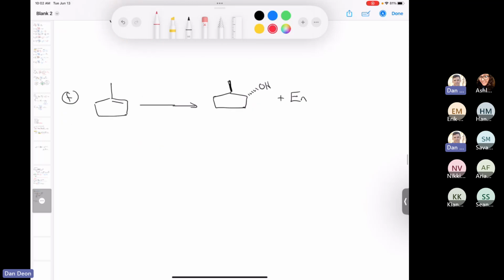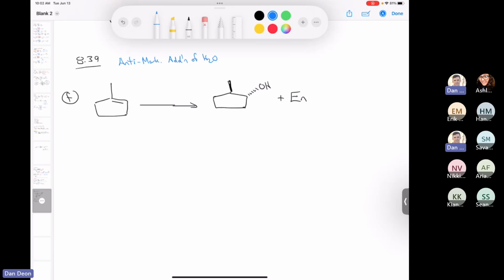Okay, the next one, is this a Markovnikov or an anti-Markovnikov addition of water across a double bond? And this one here, exactly, this is an anti-Markovnikov addition of water.